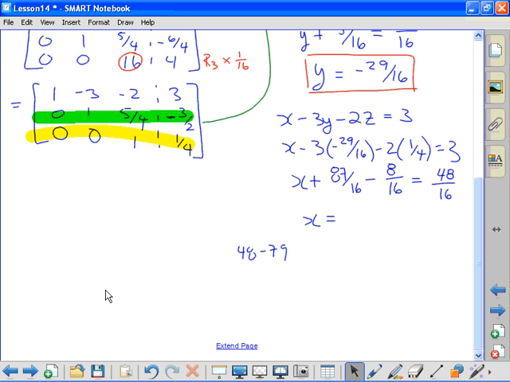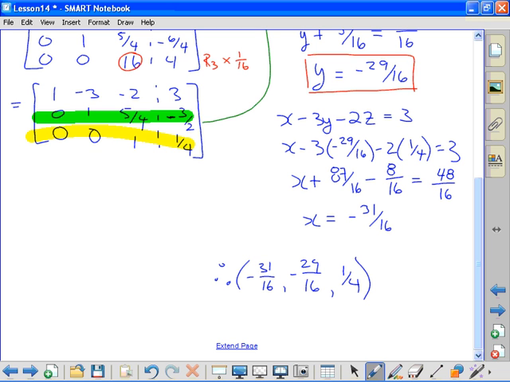Negative 31. So negative 31/16. Okay. So that tells me that the solution to these three equations, three unknowns, is going to be negative 31/16, negative 29/16, and 1/4.